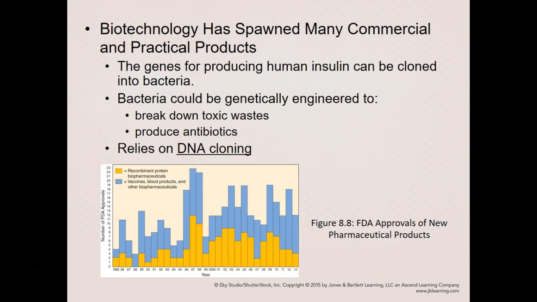We also use biotechnology to produce bacteria that are able to break down certain chemicals like oil for oil spills, or to produce antibiotics, or other important drugs like human growth hormone. In all of these, you have to have DNA cloning to allow us to produce enough of whatever chemical we care about so that it can be utilized in the environment.